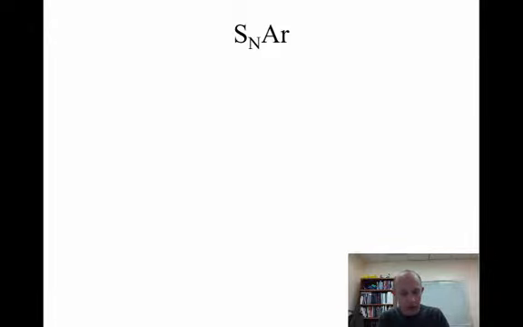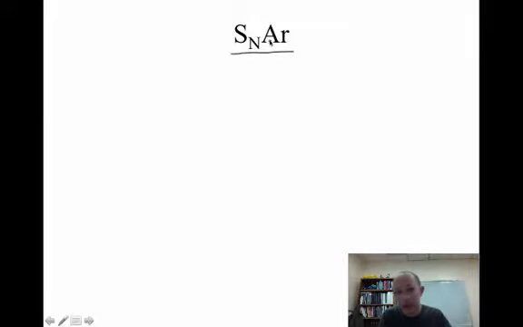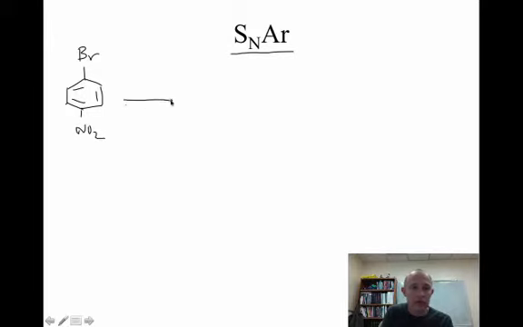So this is taking place by a mechanism called nucleophilic aromatic substitution, or substitution nucleophilic aromatic. If we look at the first example that we showed on the last slide, hydroxide is a good nucleophile.